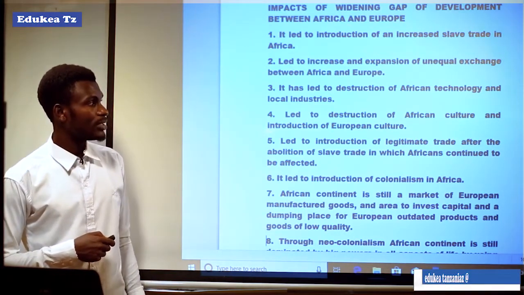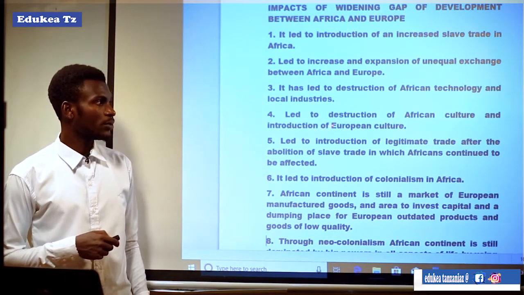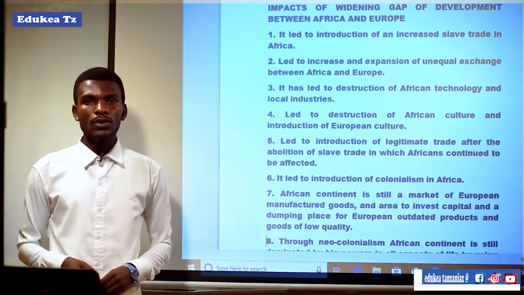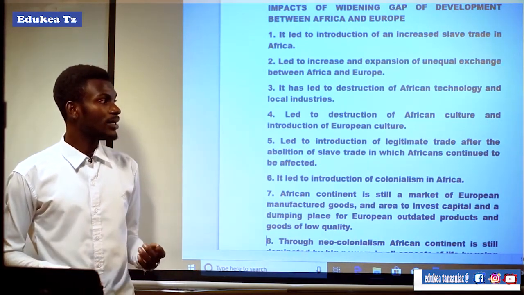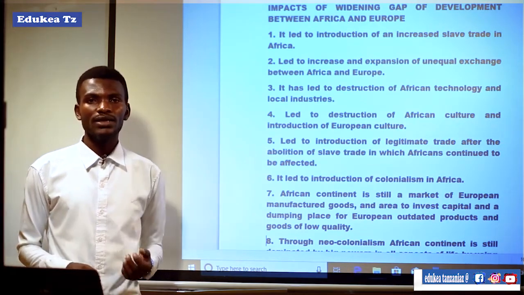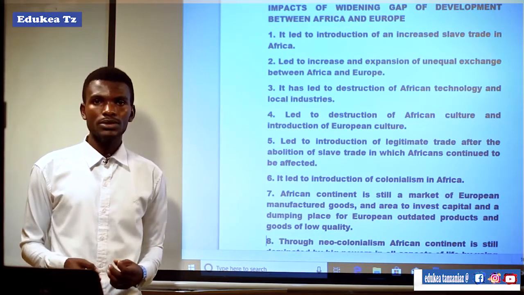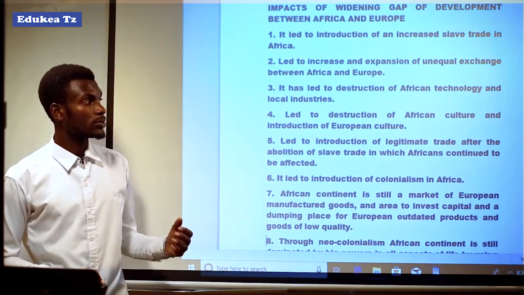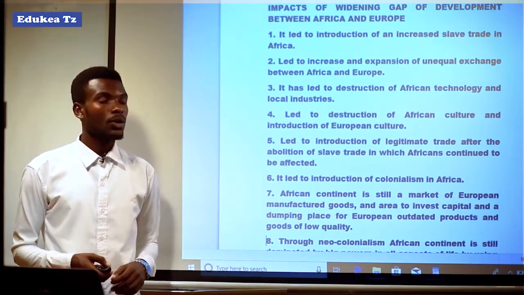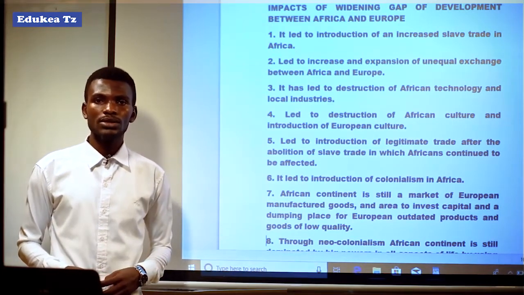Another, it led to the destruction of African culture and the introduction of European culture. It means that the widening of the gap between Europe and Africa in development has led to the destruction of African culture and the introduction of European culture. It was the period when colonialism and neocolonialism were being introduced in Africa, whereby the Europeans destroyed the African culture and brought the European culture.